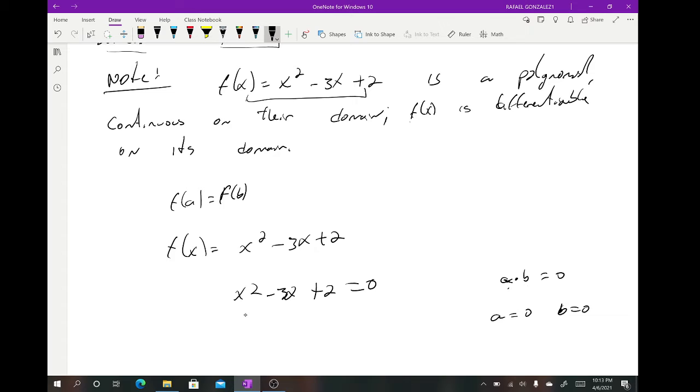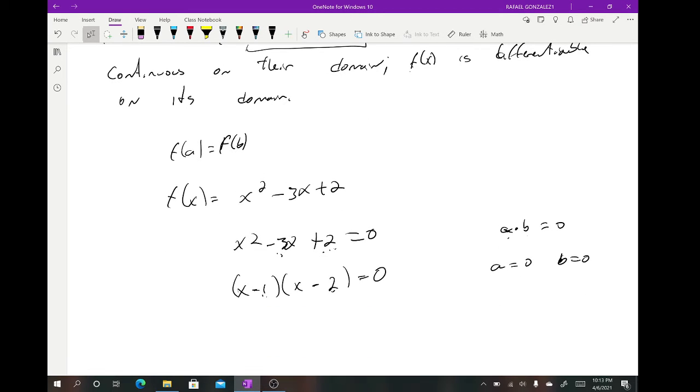So here, I can actually factor, because I know that there are two numbers that multiply to plus 2 and that add up to negative 3. And that is negative 1 and negative 2. If you add negative 1 and negative 2, you get negative 3, and if you multiply them, you get plus 2. But now, by using the principle of zero products, I have that x minus 1 is equal to 0, or x minus 2 is equal to 0.